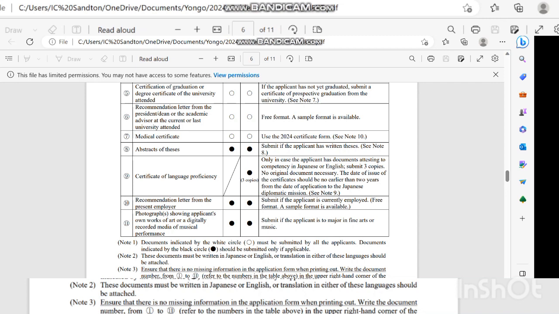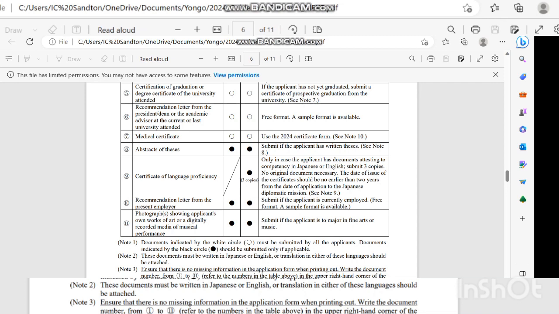But if you happen to be a PhD student watching this, then I think further instructions are given, but you will definitely have some publications out. If you're already a master's student, then you use those abstracts. So basically you just copy and paste into a separate document and title it for your MEXT application package. That's all I did anyway, and that was sufficient as far as I'm aware.